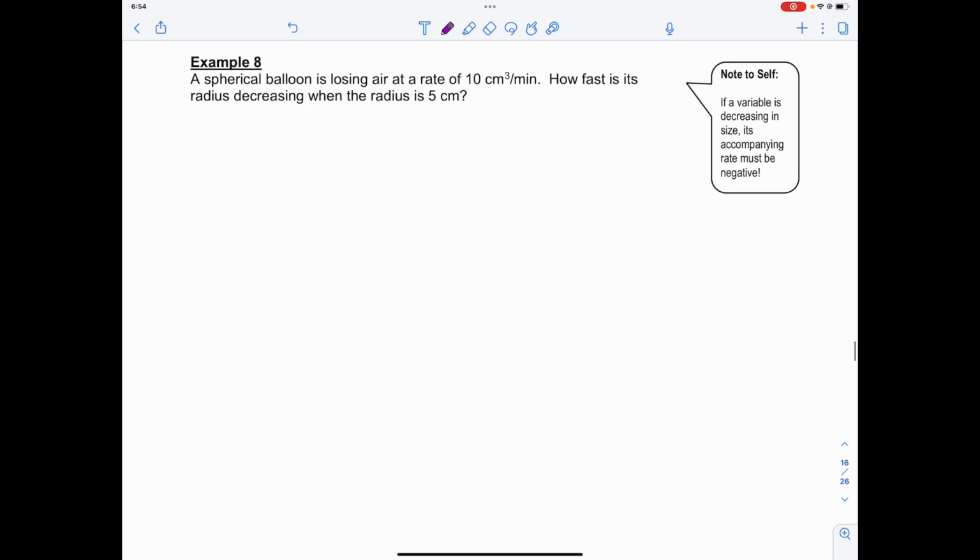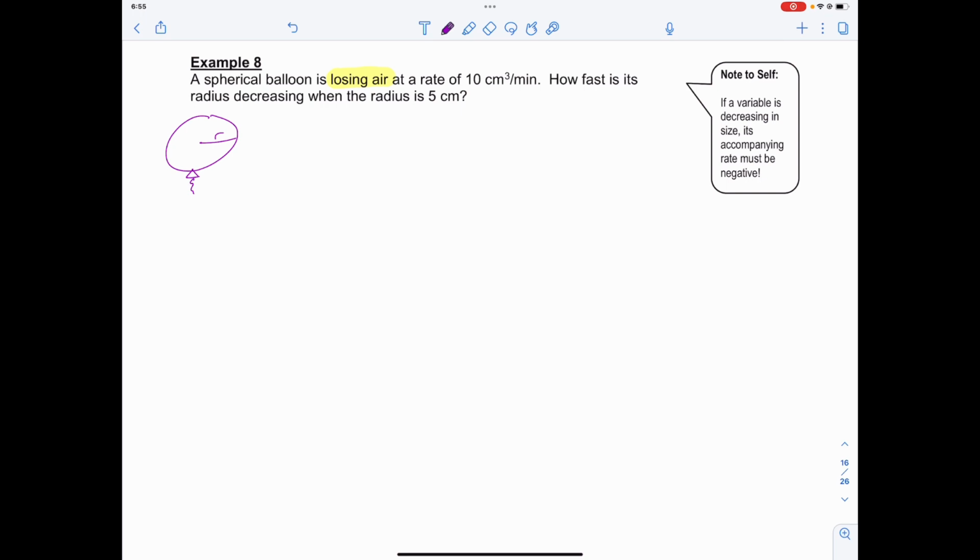For example 8, a spherical balloon is losing air at a rate of 10 centimeters cubed per minute. How fast is the radius decreasing when the radius is 5 centimeters? So I have my balloon. I have my radius.